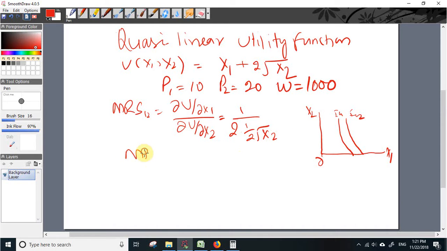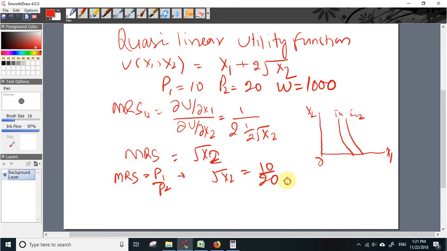So the marginal rate of substitution is simply the square root of x2. Comparing this with the price ratio, MRS equals P1 over P2, we get square root of x2 is 10 over 20. This gives us the optimum purchase of the second commodity as 1 over 4.